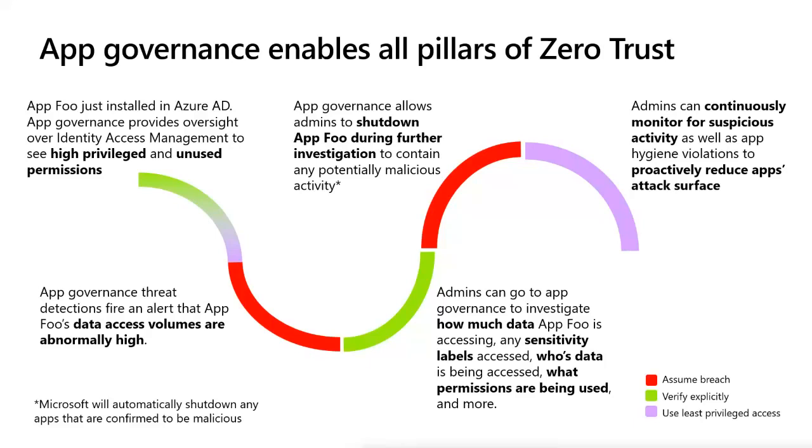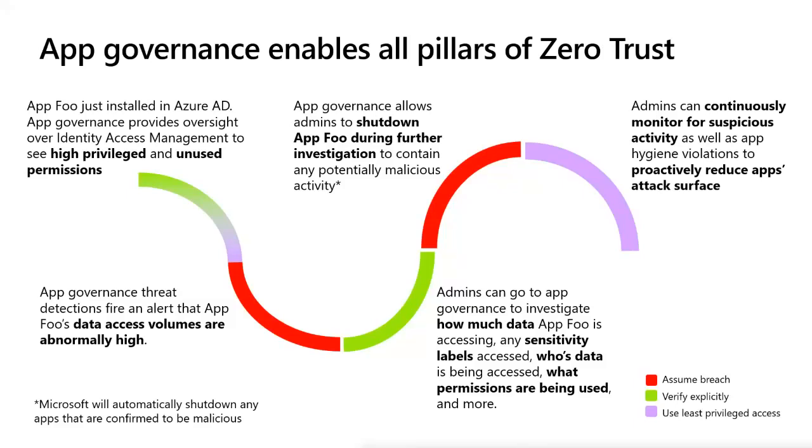Moving down, we see that app governance threat detections will fire an alert for app.foo's data access if app.foo's data access volumes are abnormally high. We have over 20 threat detections in our app governance repository that fire for all of our tenants.